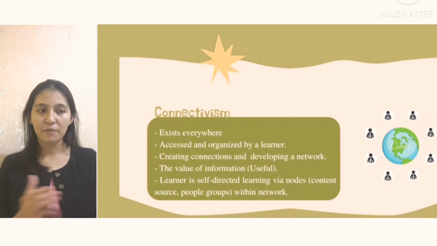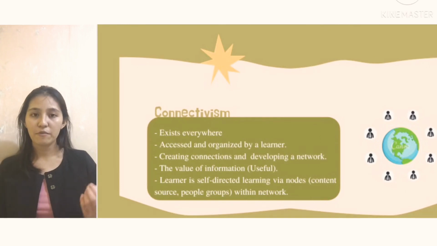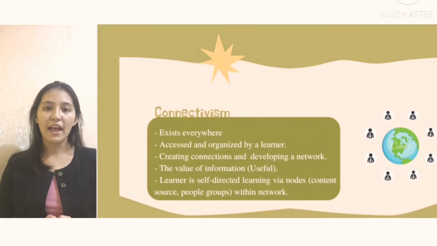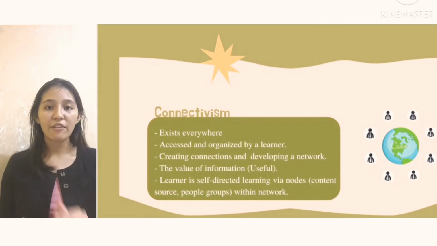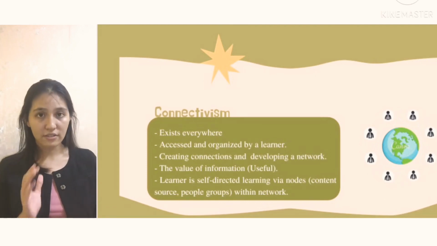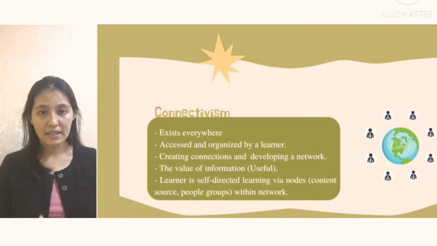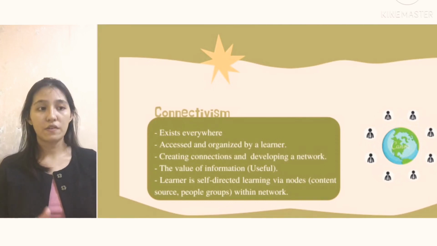The most interesting part is the value of information. For this theory, the value of information is useful and important, but in other theories such as behaviorism, cognitivism, and constructivism, it is not, because the most important thing is the process of learning.